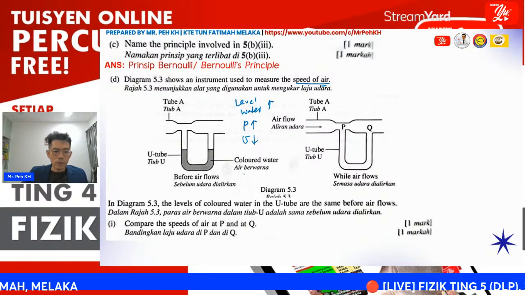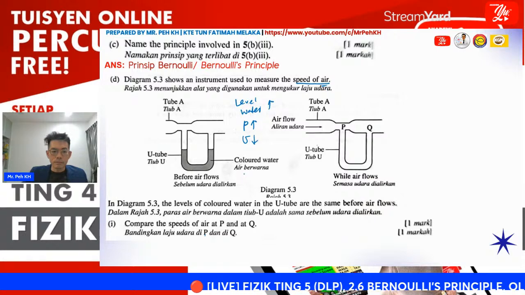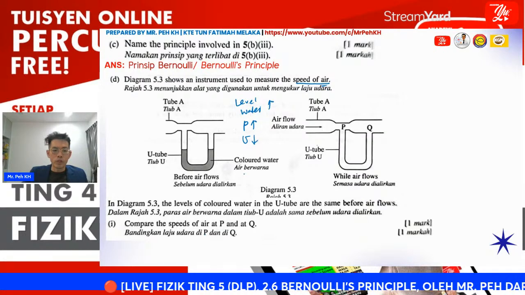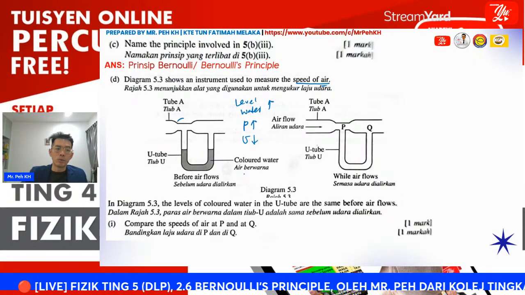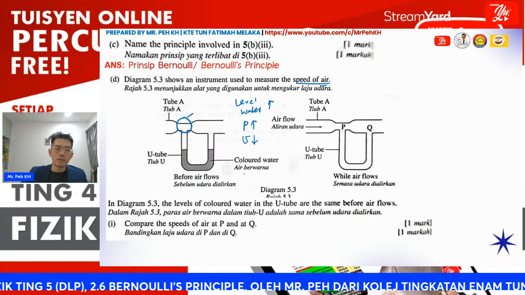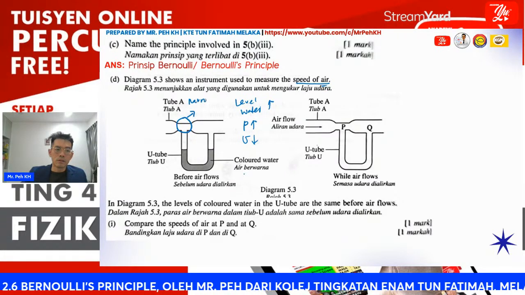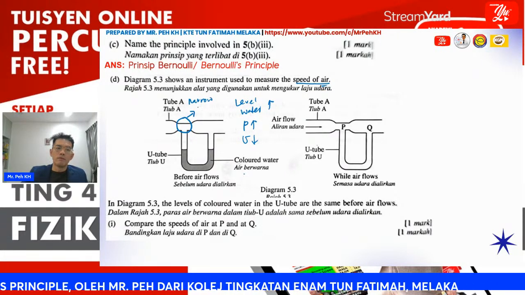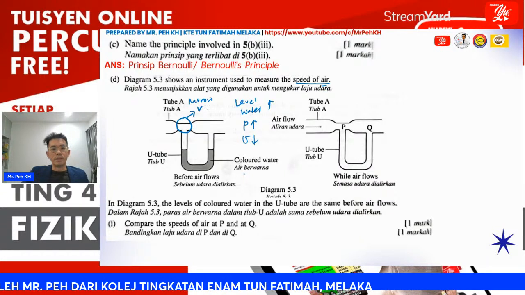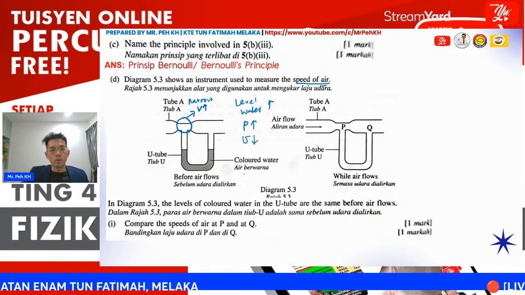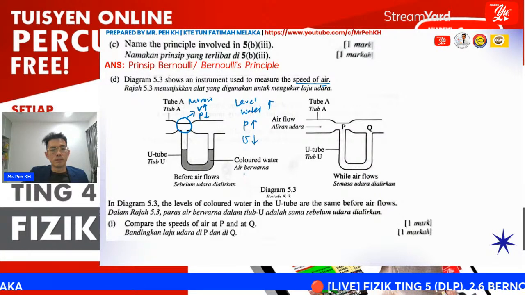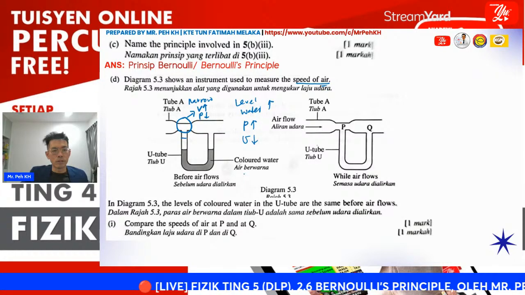Here we need to compare the speed at P and Q, as we also explained. When there is a narrow region, the speed of the air should be highest. When the speed is higher, pressure will be lower, so the pressure here will be lower.